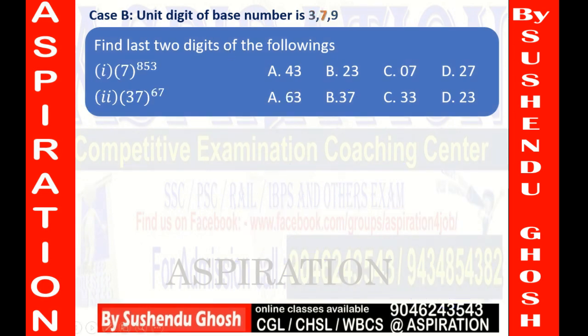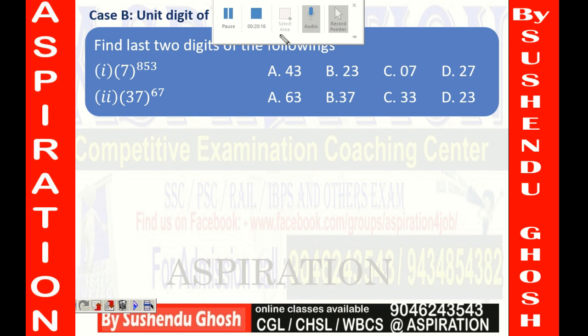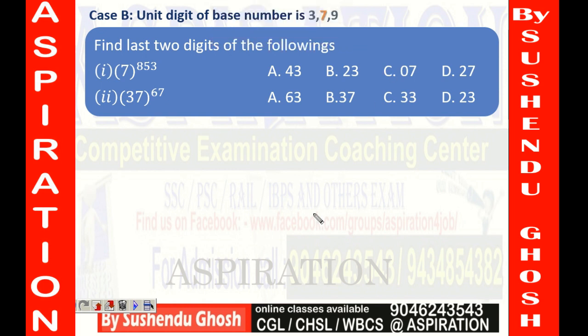In this slide, 7 is present in the unit digit of the base number. You can see 7 is present in the unit place of the base number. So it will act in the same way, because for 2, 3, 7, 8 the cyclicity is 4. So you have to break the power by 4.